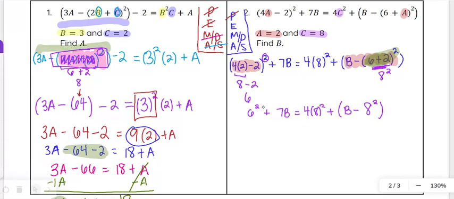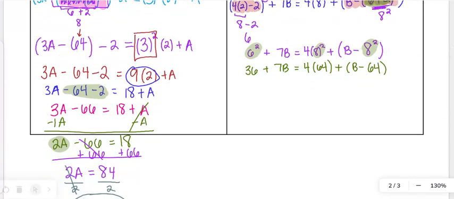So we have 3 exponents we can evaluate: 6 squared, 8 squared, and 8 squared. So when we do that, we have 6 squared, which is 36, plus 7b equals 4 times 64. Notice that the 8 is the only number squared here, not the 4, plus b minus 8 squared is 64.